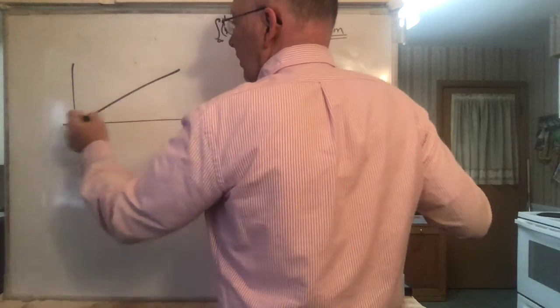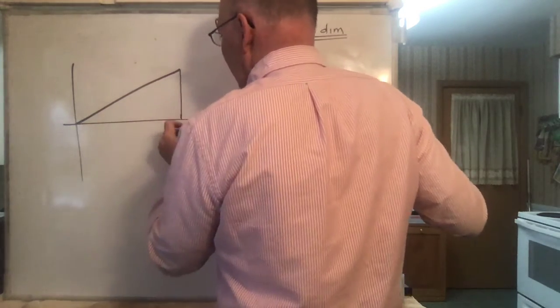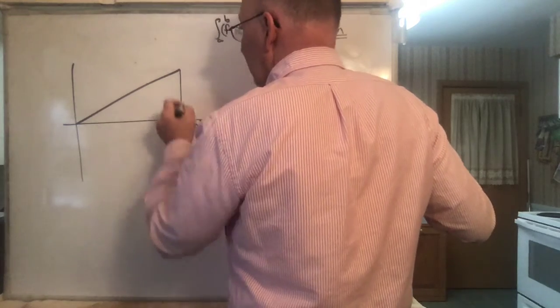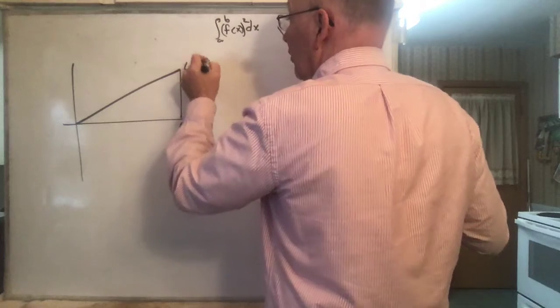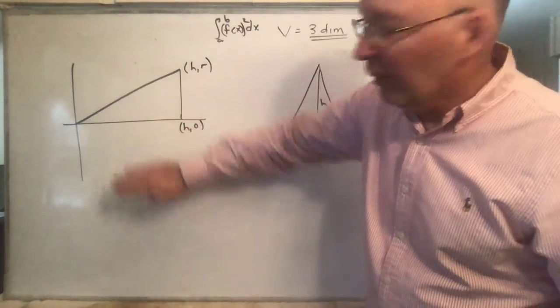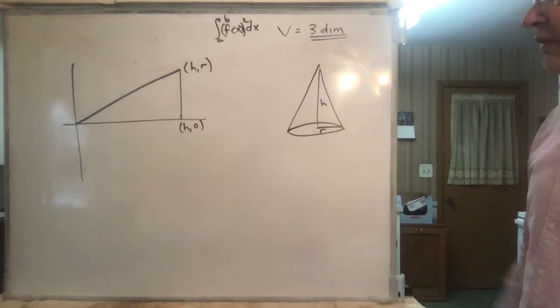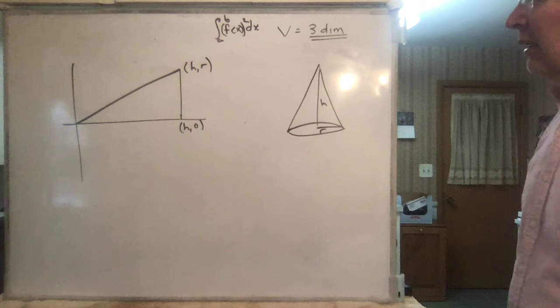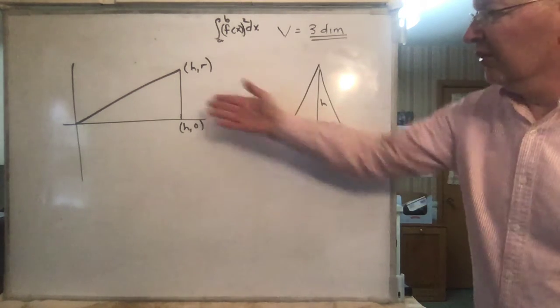There's a straight line, and I want this height to be h, so this is going to be h, 0 right here. I want the radius to be r, so this is going to be h, r right there. And so that's the region I'm going to take all the way around the x-axis. Okay, that was the first bit of inspiration in order to solve the problem.